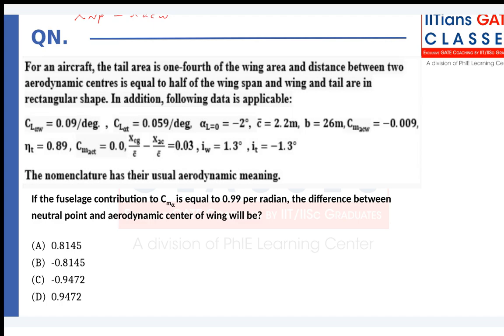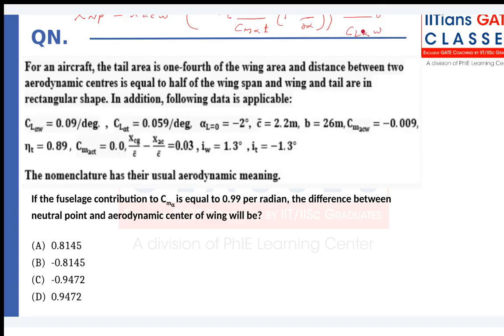You have minus Cm alpha of the tail, which is minus VH eta Cl alpha tail by Cl alpha wing, times 1 minus d epsilon by d alpha. Next is the fuselage, so minus Cm alpha of the fuselage by Cl alpha of the wing.